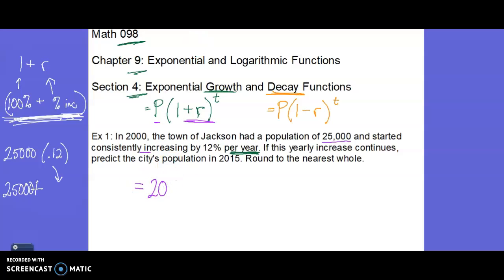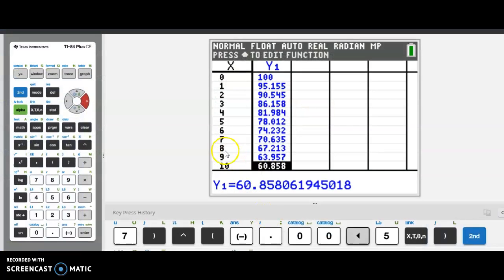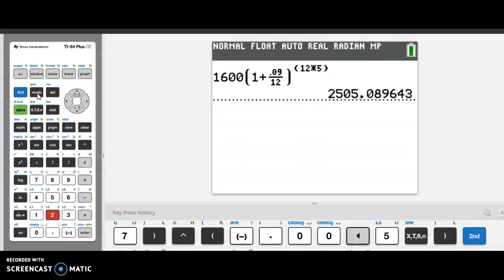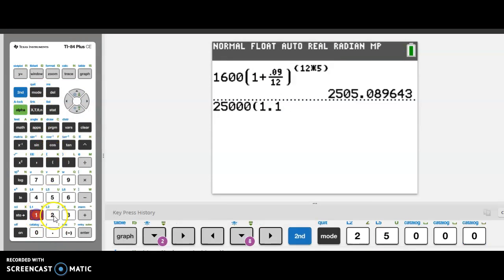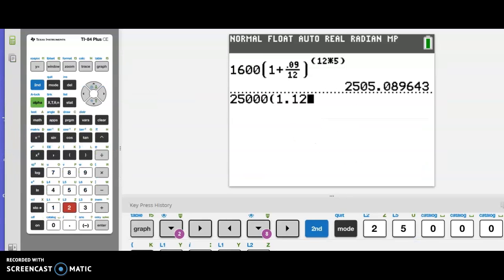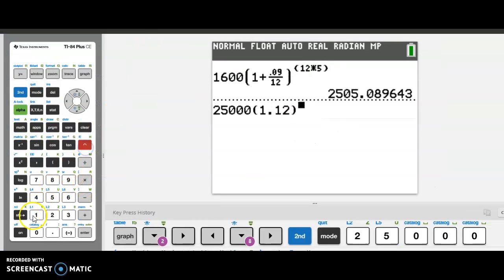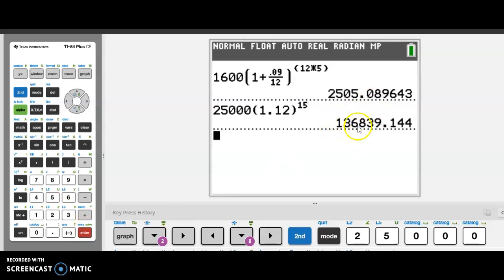Whoops, forgot to write my 5. 25,000 times (1 + 0.12)^15, because there's been 15 years that elapsed, and I expect you to use a calculator. So 25,000, and I would expect you to know that 1.12 is the same thing as 1 plus 0.12, and then to the 15th power. That means in the year 2015, if this increase continued, there would be about 136,839 people.